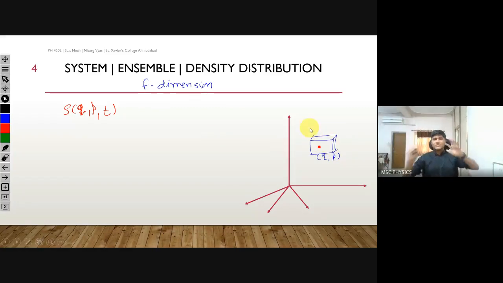We need a surface which covers this point. So it is not just a cube, it is an f-dimensional surface which will cover this point completely. So that point's volume is given by d gamma, and this d gamma is given by the product over i equal to 1 to f of delta q_i delta p_i.